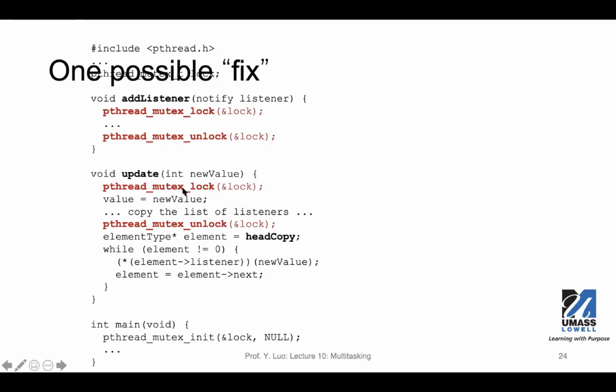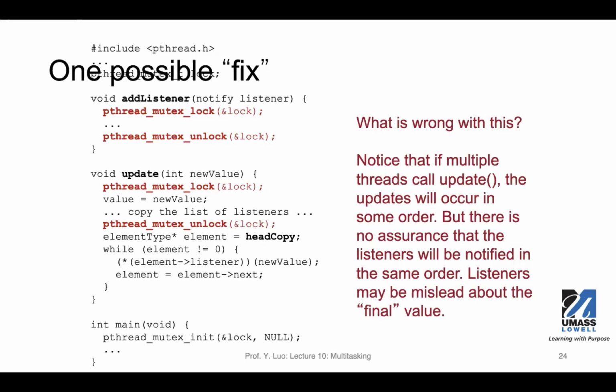So here between these lock and unlock, we will make a copy of the list of listeners. And so when we get out of here, we will use the new copy to go through the linked list. So in this way, they will reduce the risk of the deadlocks.